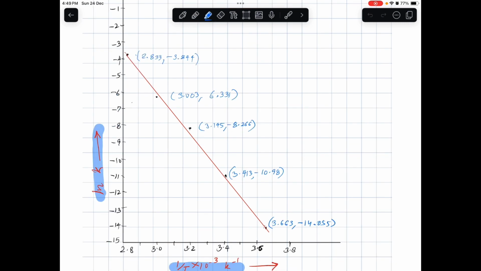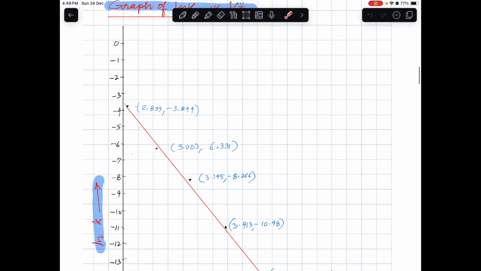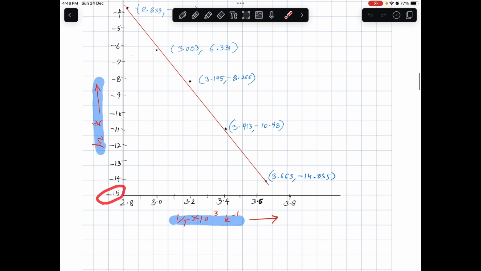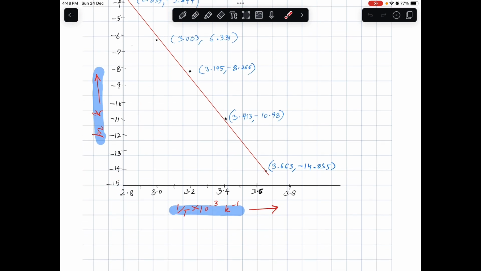Since the values of ln k are negative values, we are starting the values from minus 15 and we will go till 0 upward, and for the values of 1 by T we have taken the standard form of them, so the values are starting from 2.8 to 3.8 in the scale.